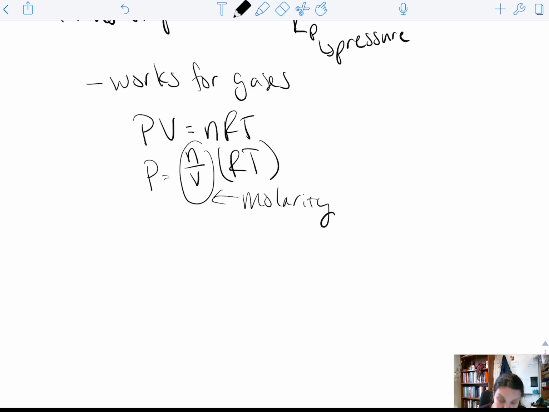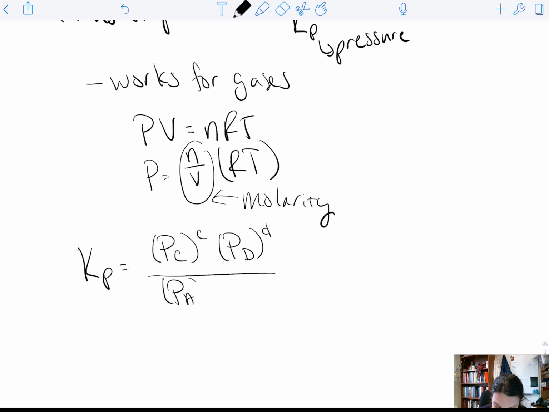So, to write our equilibrium constant expression in terms of pressure, we would say that Kp is equal to the partial pressure of C to the c, the partial pressure of D to the d, over the partial pressure of A to the a, partial pressure of B to the b. Okay?